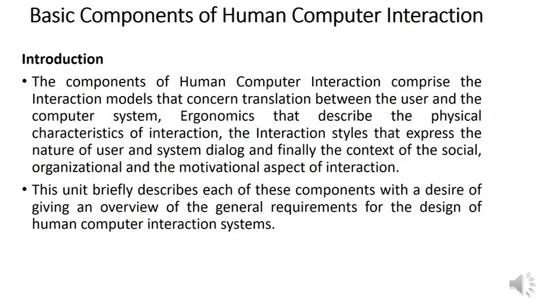The components of human-computer interaction comprise the interaction models that concern translation between the user and the computing system; ergonomics that describe the physical characteristics of that interaction; the interaction style that expresses the nature of user and system dialogue; and finally the context of the social, organizational, and motivational aspects of that interaction.